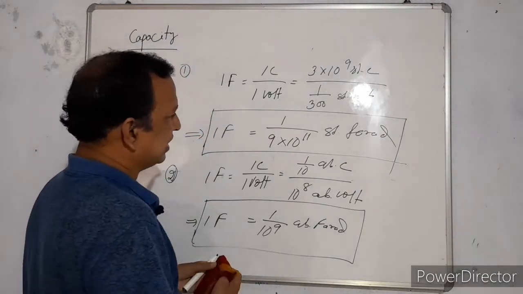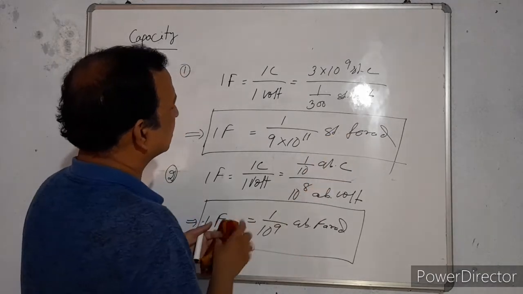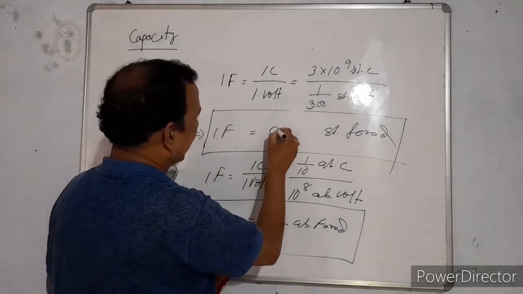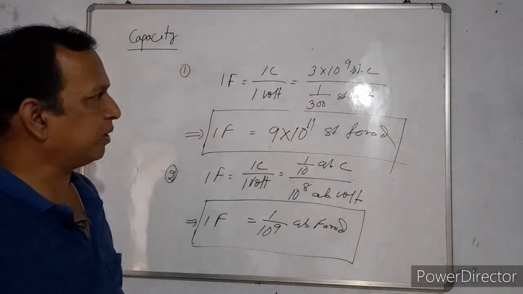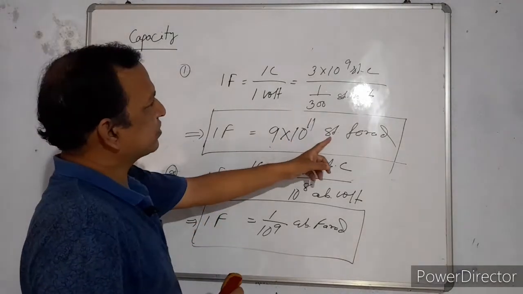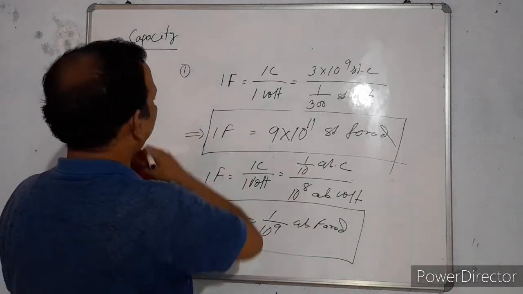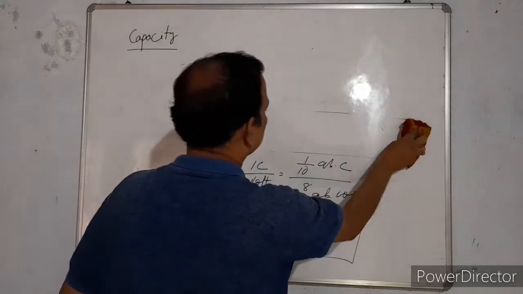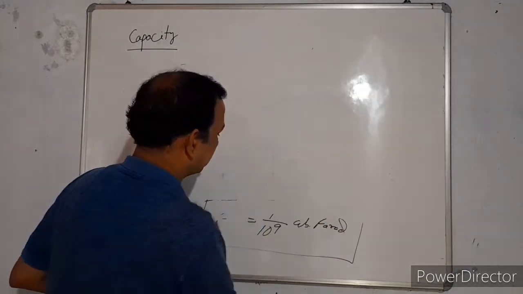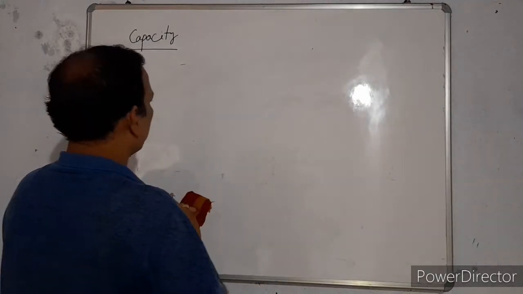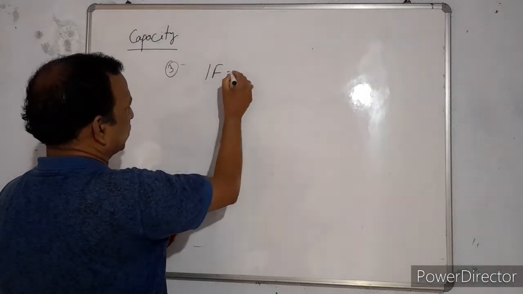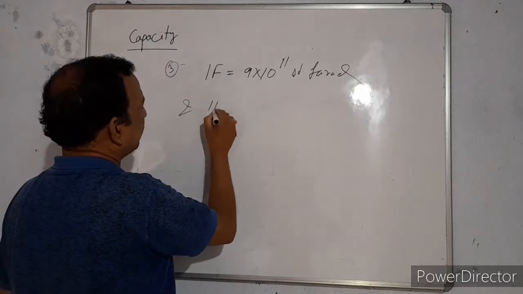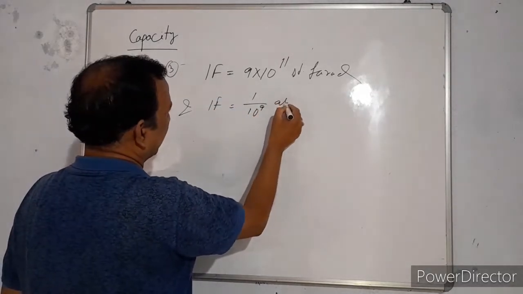Now relation between statfarad and absolute farad. 1 farad is equal to 9 into 10 to the power 11 statfarad, and 1 farad is equal to 1 by 10 to the power 9 absolute farad.